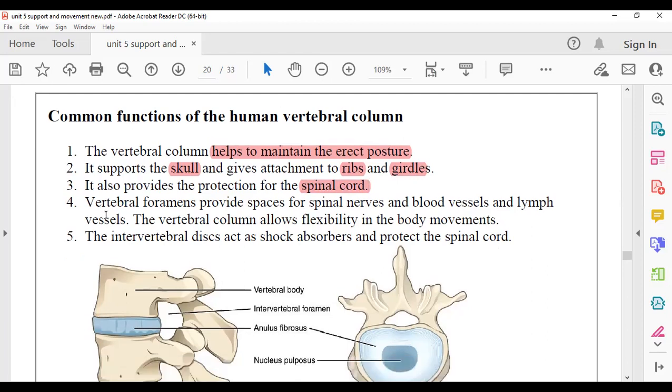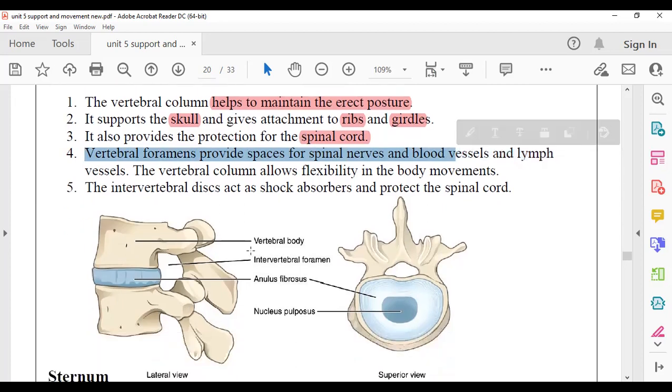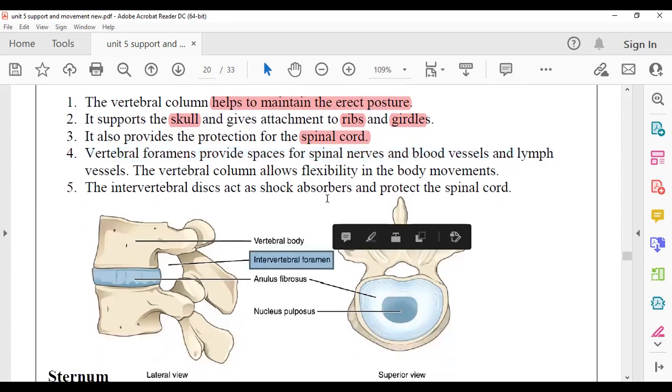So it is a protection to the spinal cord. Another thing: they are using this word, vertebral foramen, but actually it is this word. What is the word?